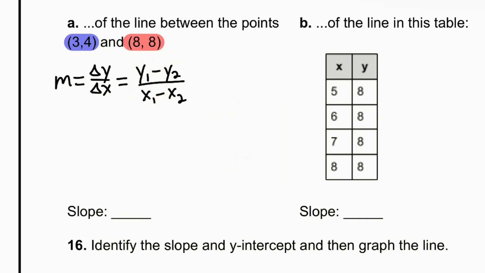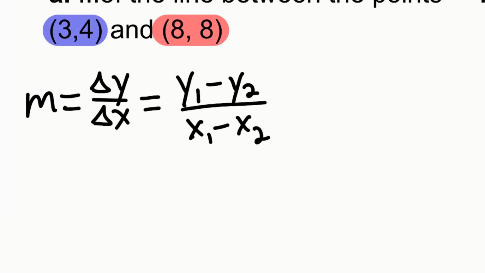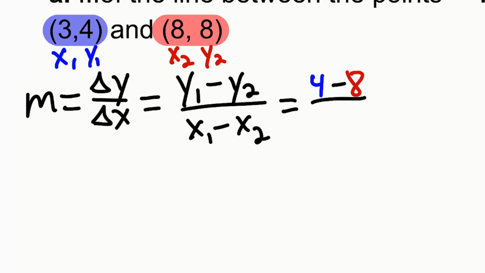So I will call my blue point here my first point, x1, y1, and my red point will be x2, y2. So y1 is 4 minus y2 is 8 over x1 is 3 minus x2 is 8.